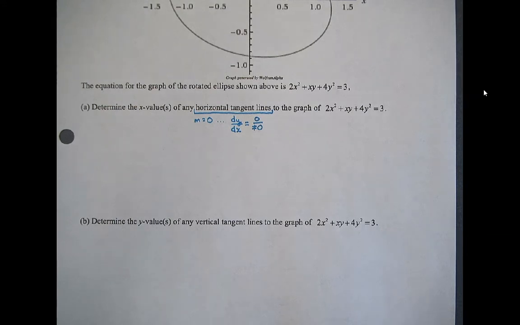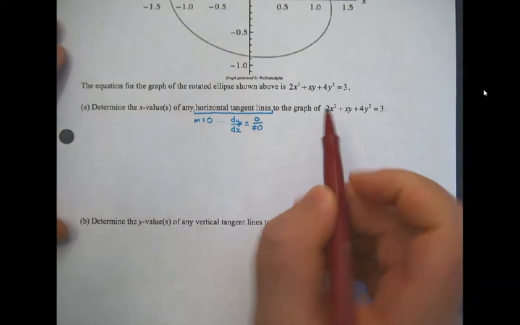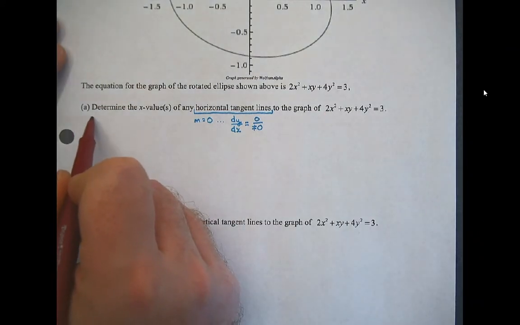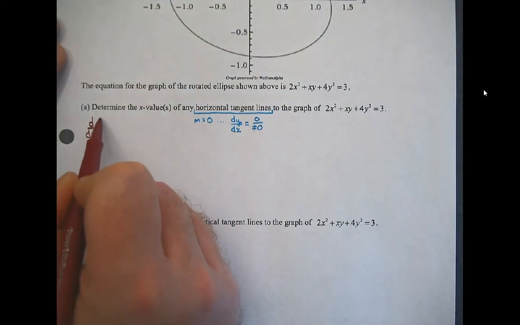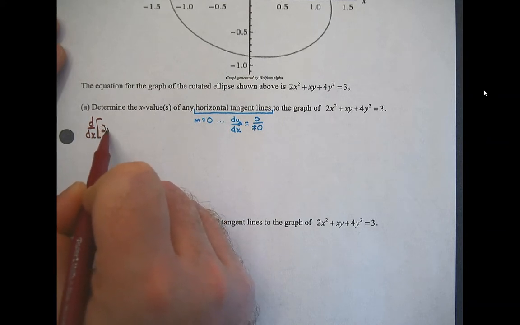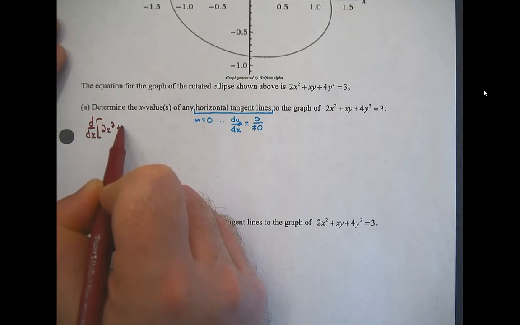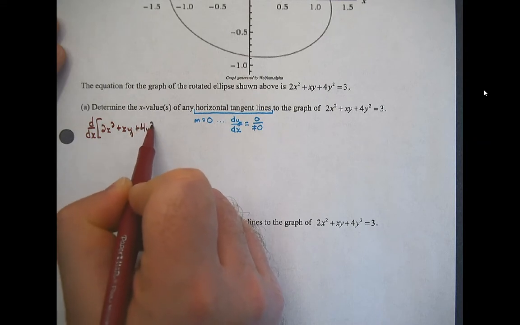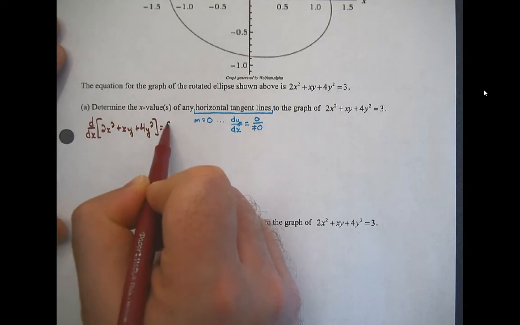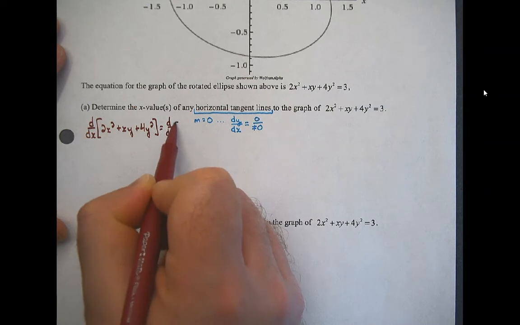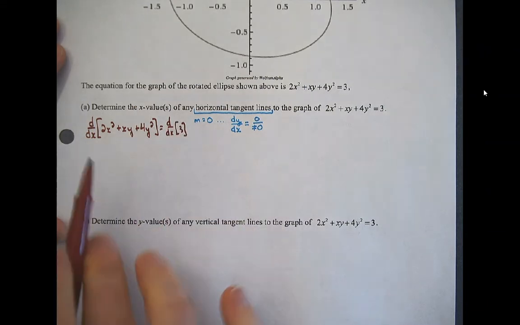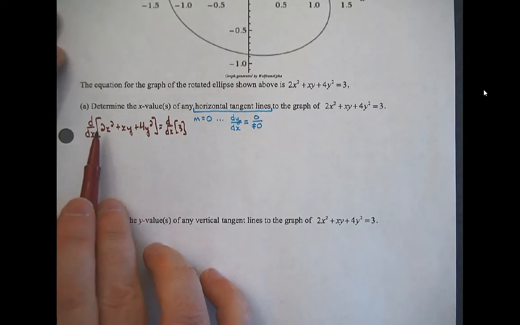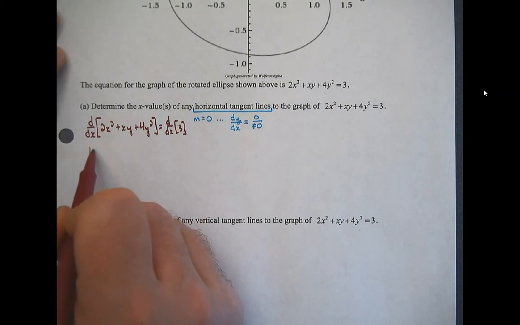Now I have to go figure out what my derivative is. This time I am going to use dy dx, so I don't have to go back and be frustrated by my notes. d dx of 2x squared plus xy plus 4y squared equals d dx of 3. I like that. All right, so let's start deriving this. Derivative of 2x squared according to x is 4x.